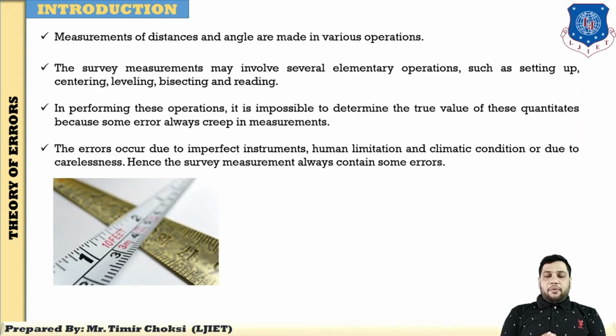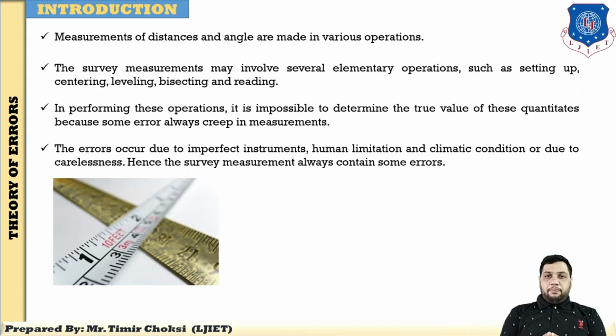So in performing these operations, it is impossible to determine the true value of a quantity because some error always creeps into measurement. Because a number of operations are there, sometimes errors occur in a measurement. What are the reasons for errors?